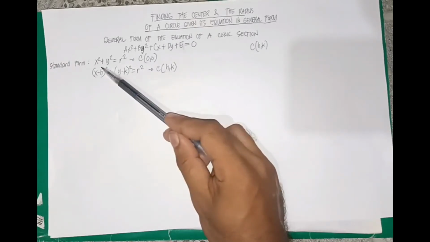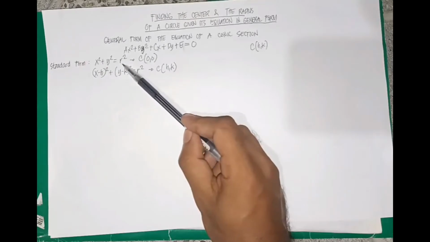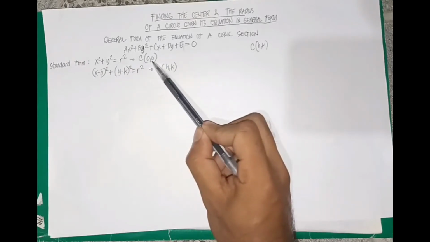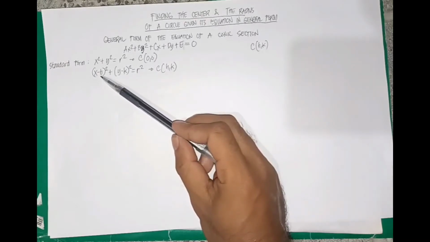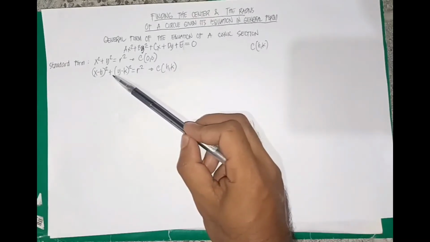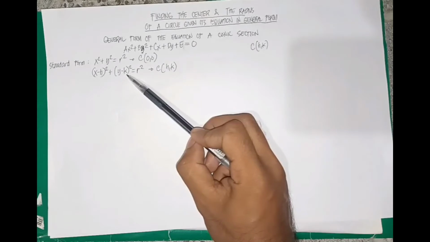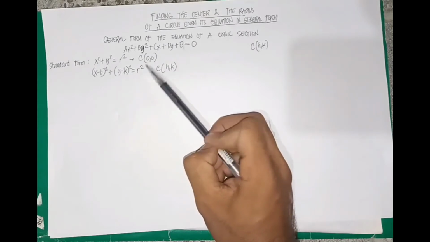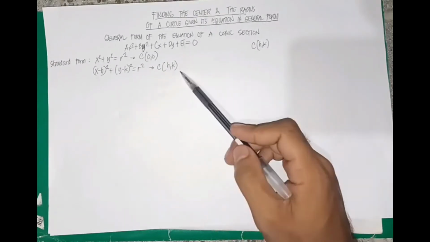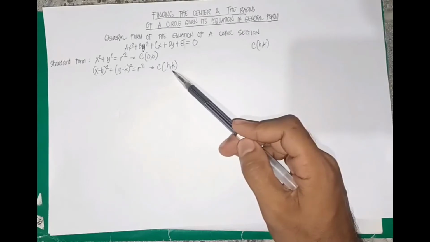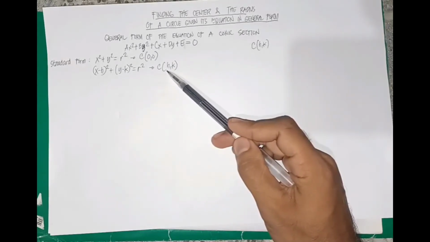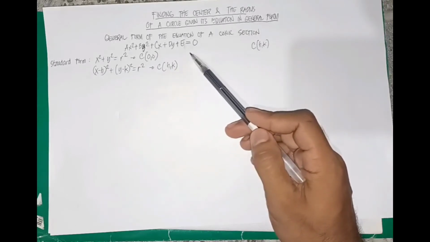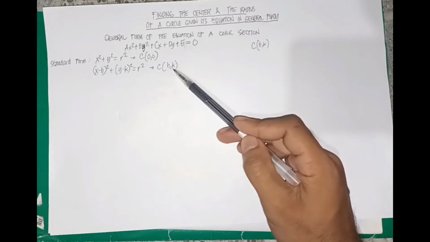This is the standard form where our center is at the origin. On the other hand, the quantity x minus h squared plus the quantity y minus k squared equals r squared is the standard form of the equation of a circle when our center is found at any point in the coordinate plane.